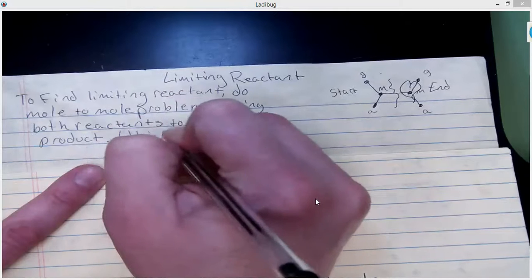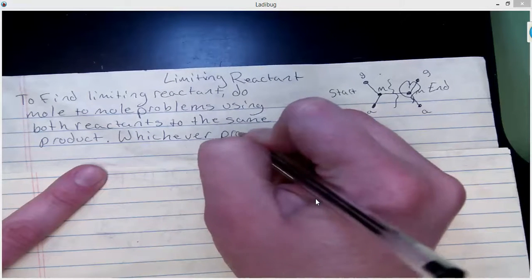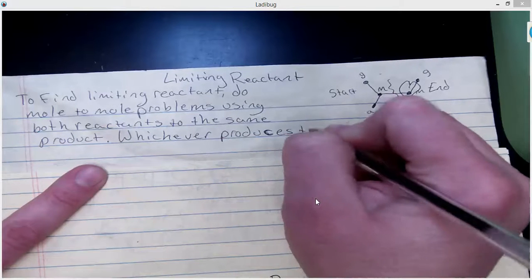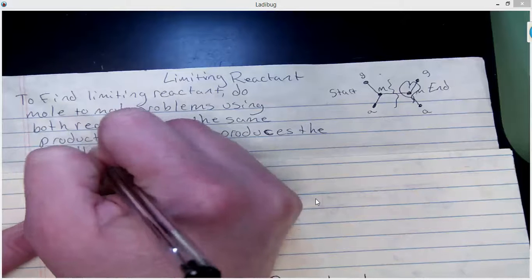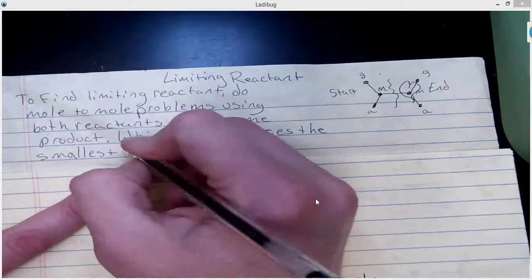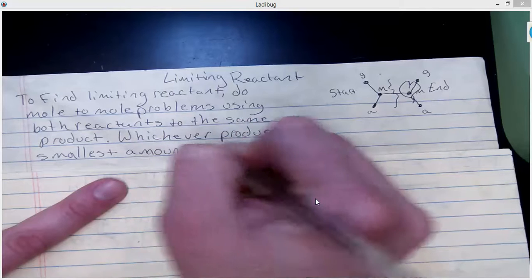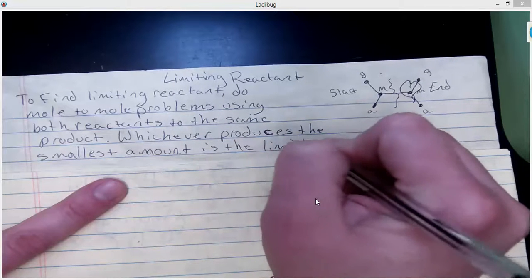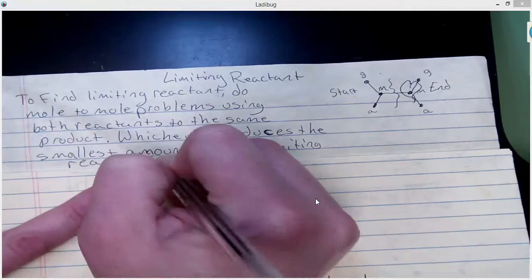And whichever produces the smallest amount is the limiting reactant. So again, I think I've explained it before.